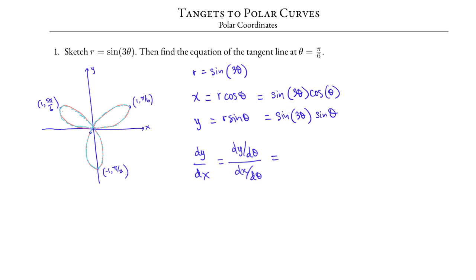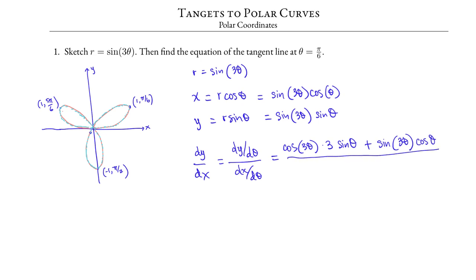The derivative with respect to theta for y is cosine of 3 theta times 3 times sine theta, the derivative of the first factor times the second factor, using the product rule, plus the first factor sine of 3 theta times the derivative of the second factor, which is cosine of theta.